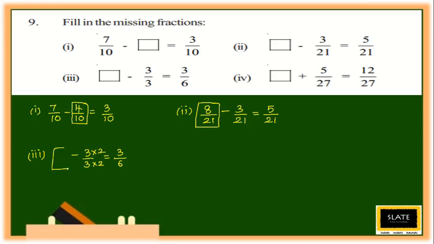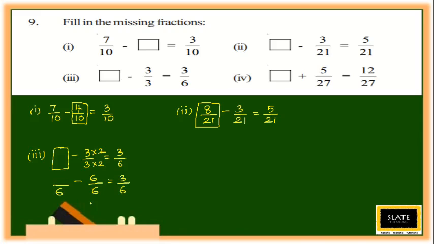This is missing here, fraction. So first let us write this. So what happens? This is nothing but minus 3 into 2, 6 by 6 is equal to 3 by 6. Now we have common denominator. So here also denominator we can have 6.